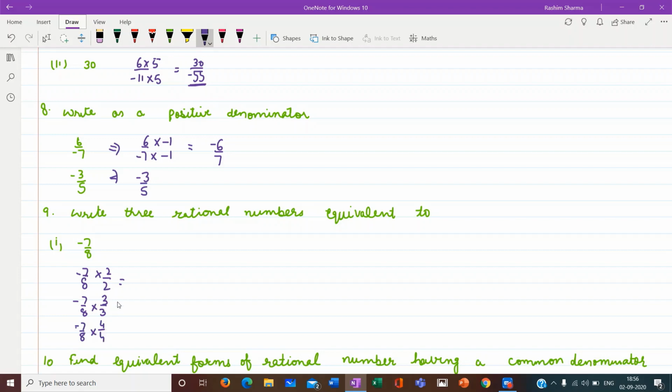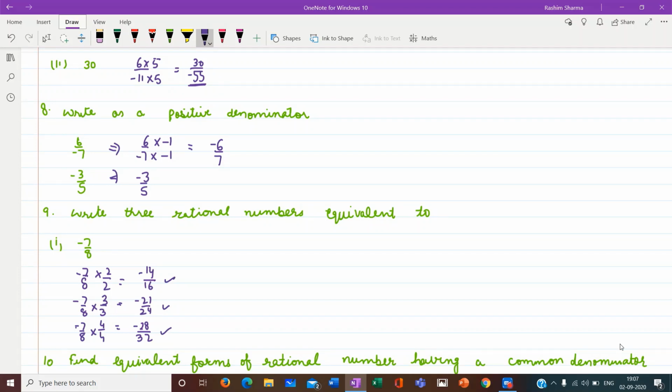Above and below both we will multiply with same number. So here 7 2s are 14. It is minus 14 on 16. Then 7 3s are 21. So minus 21 on 24. Here 7 4s are 28. So minus 28 on 32. So we can say these three are equivalent to minus 7 on 8.